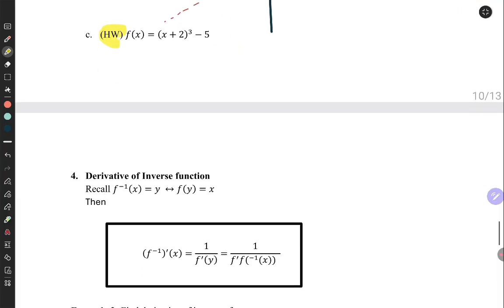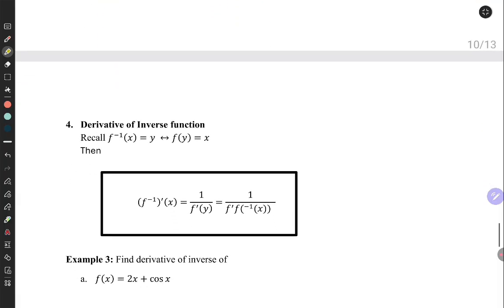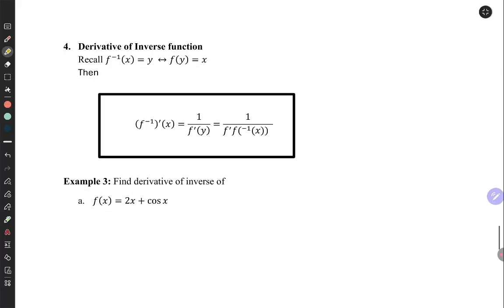Okay. Inverse function. Why do we find inverse function? We find the inverse function and then we want to find the derivative of that inverse. I would be honest with you, this is one of the most tedious formulas in this class, in Calc 1: the derivative of the inverse of a function.